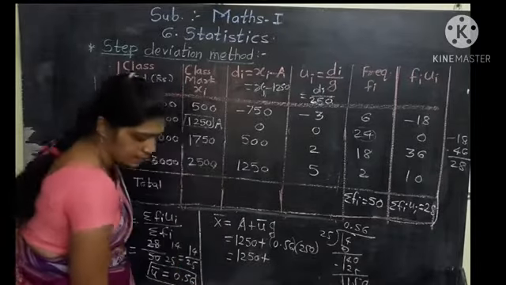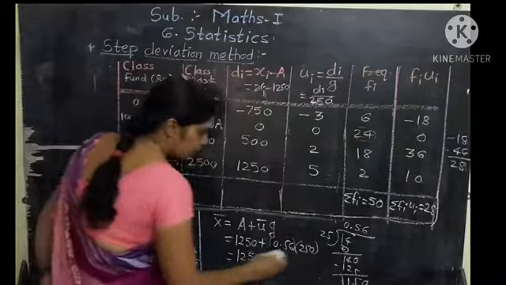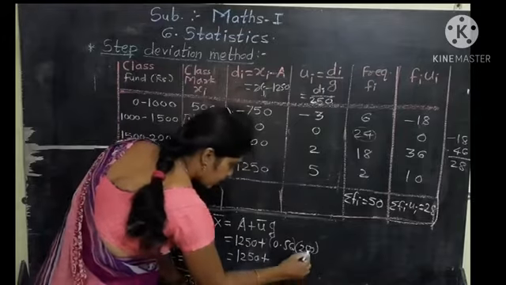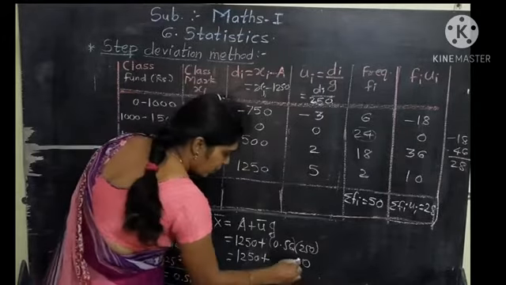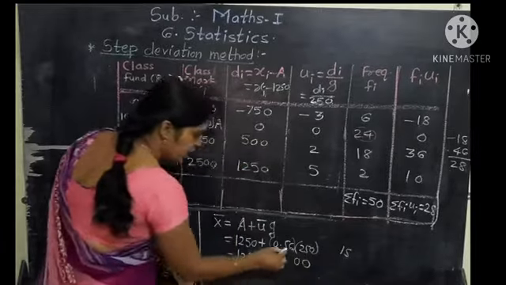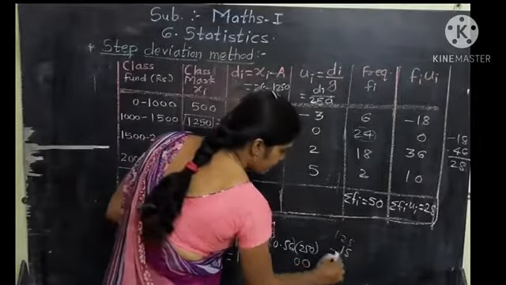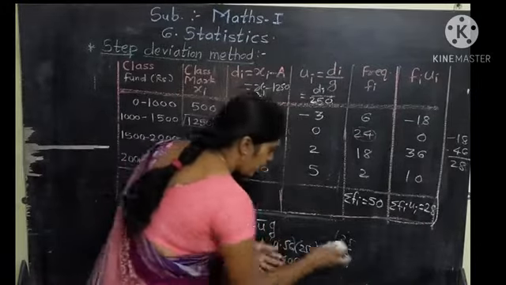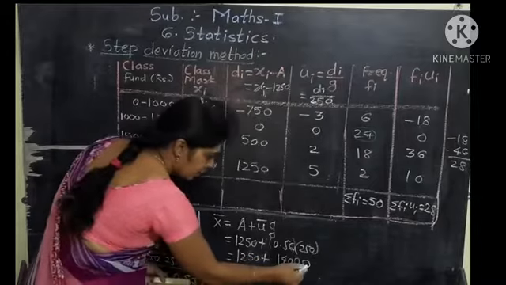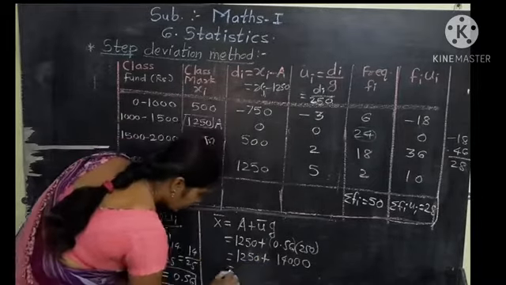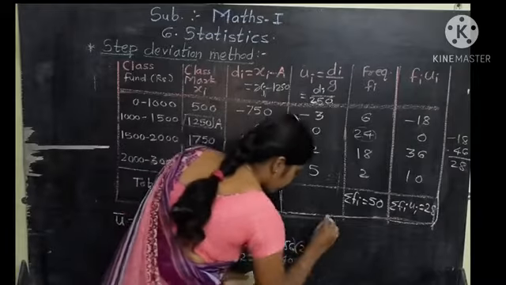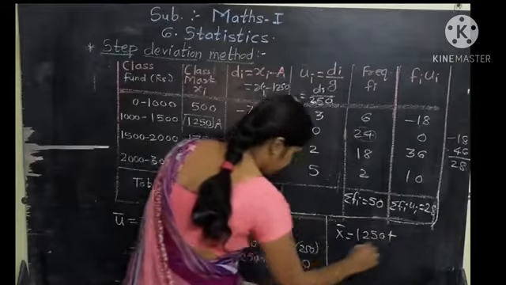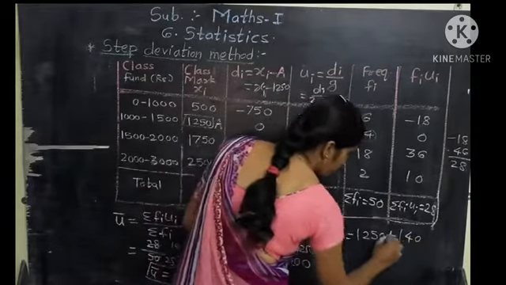Calculate this. 1250 plus the multiplication of these two. 0.56 into 250: 25 6s are 150, carry 15. 25 5s are 125 plus 15, 140. After 2 decimal places, put the decimal. So x bar is equal to 1250 plus 140.